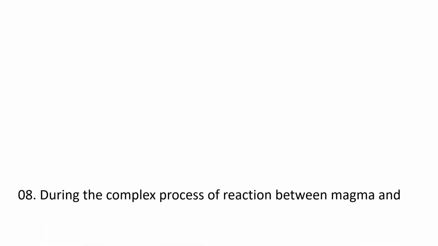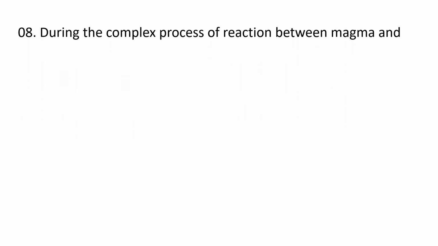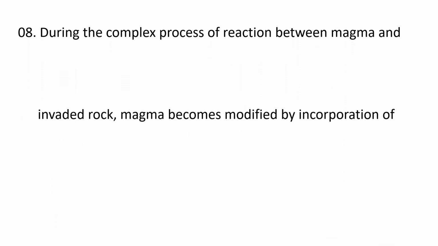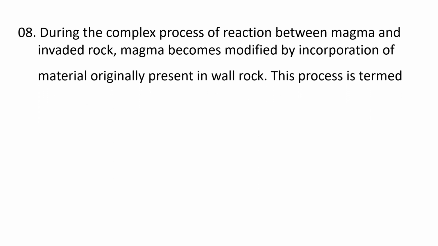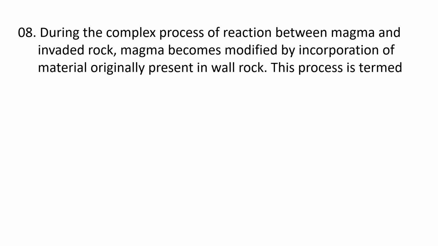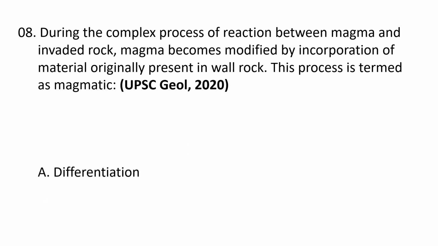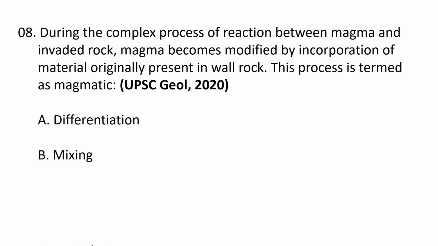Coming to the eighth question: during the complex process of reaction between magma and invaded rock, magma becomes modified by incorporation of a material originally present in the wall rock. This process is known as. Choices are A. Magmatic differentiation, B. Magmatic mixing, C. Assimilation, and D. Crystallization.